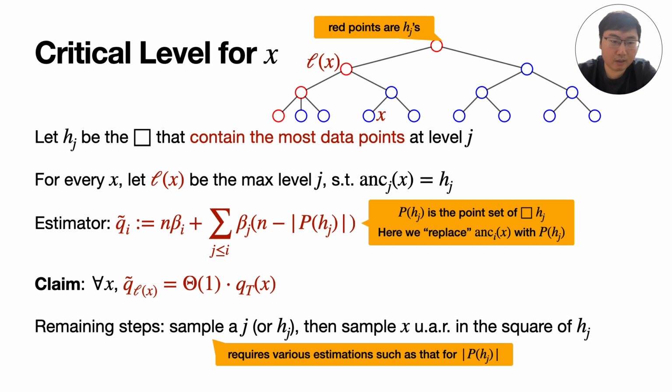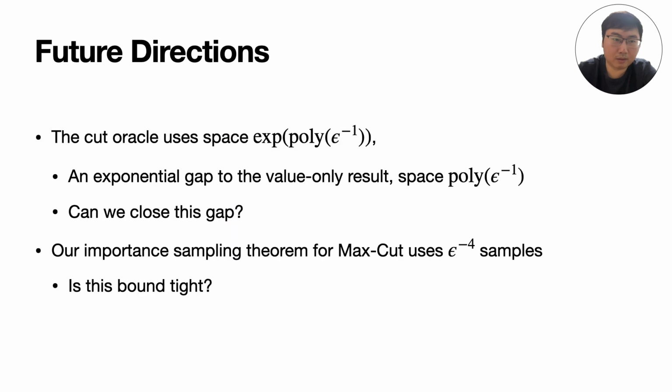Finally, with this simplification, our eventual algorithm first samples a j, or say hj, which is a square, then samples a data point x uniformly at random from this square. These require several other estimators and some subroutines in streaming, and we omit the details.